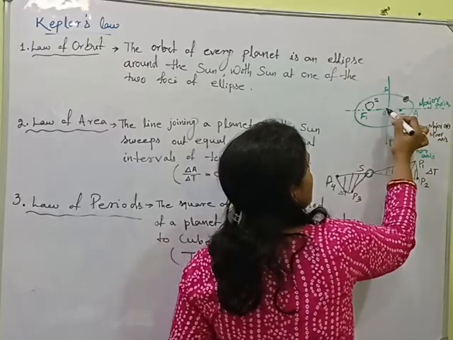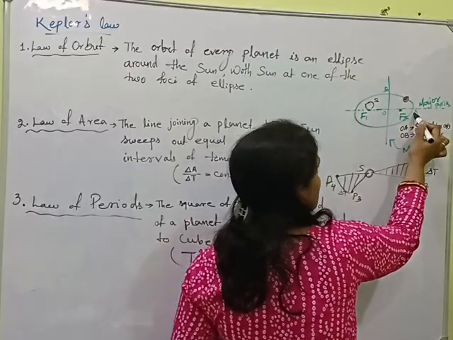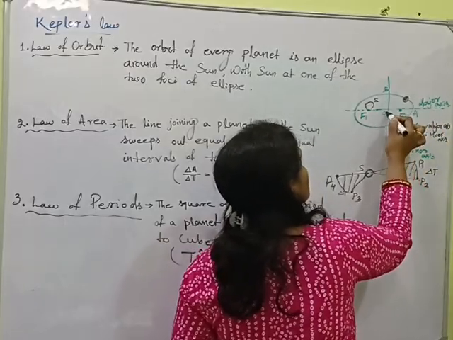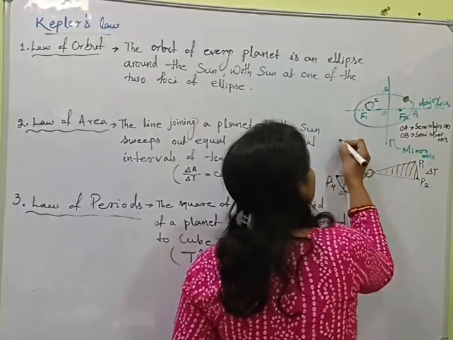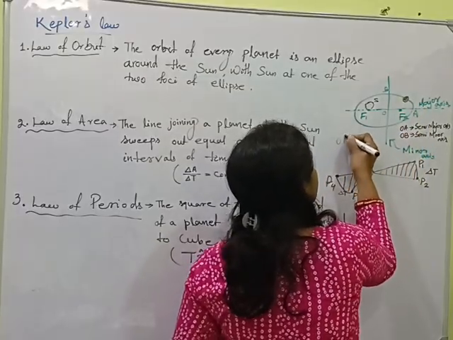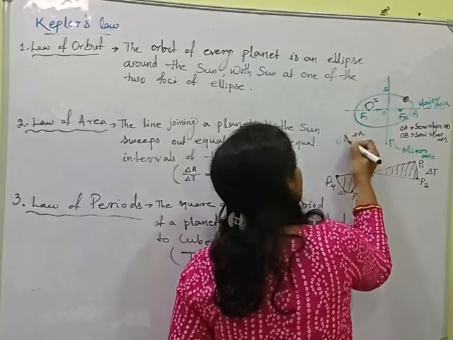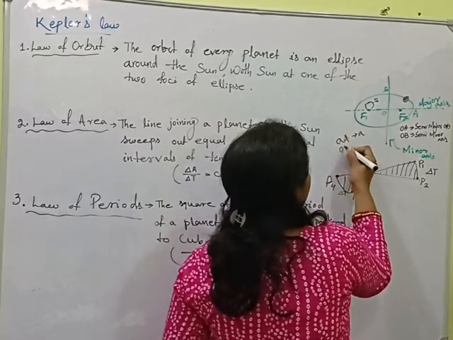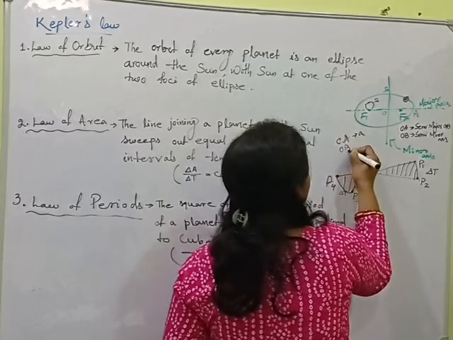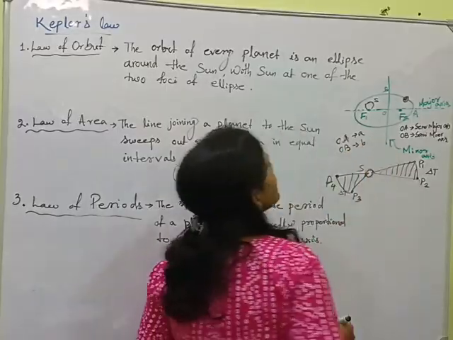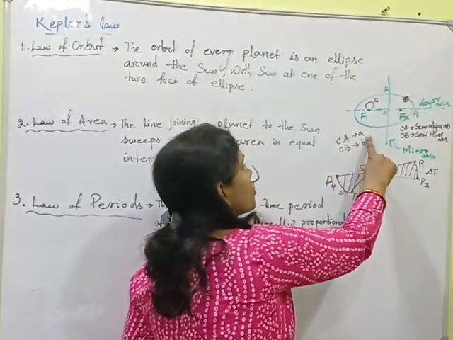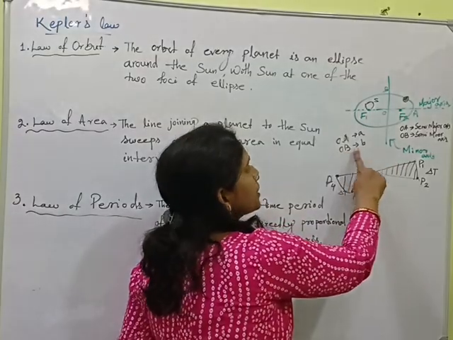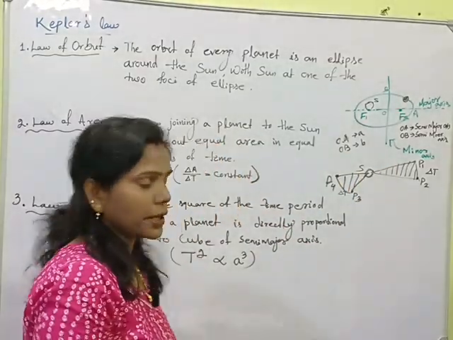OA is the semi-major axis and OB is the semi-minor axis. The semi-major axis is taken as small a and the semi-minor axis as small b.